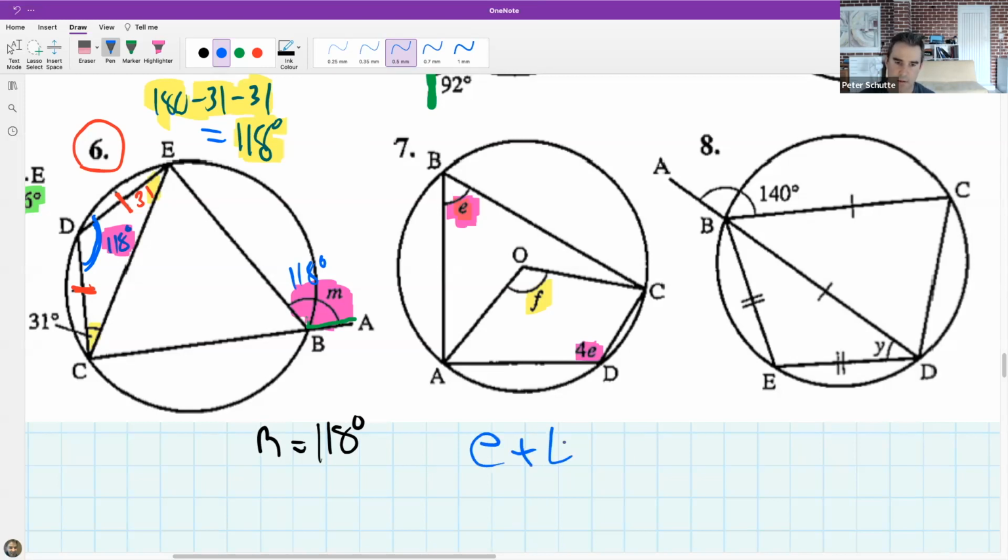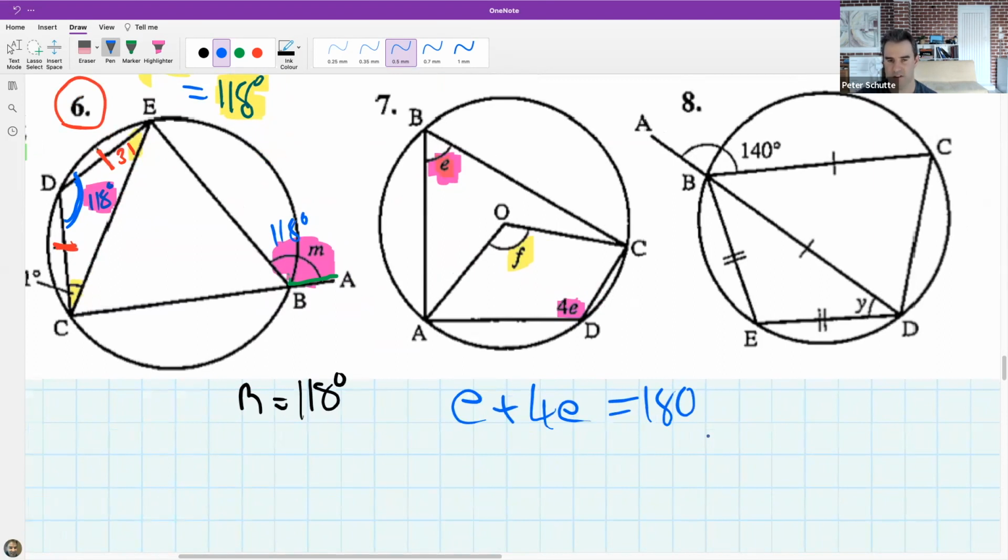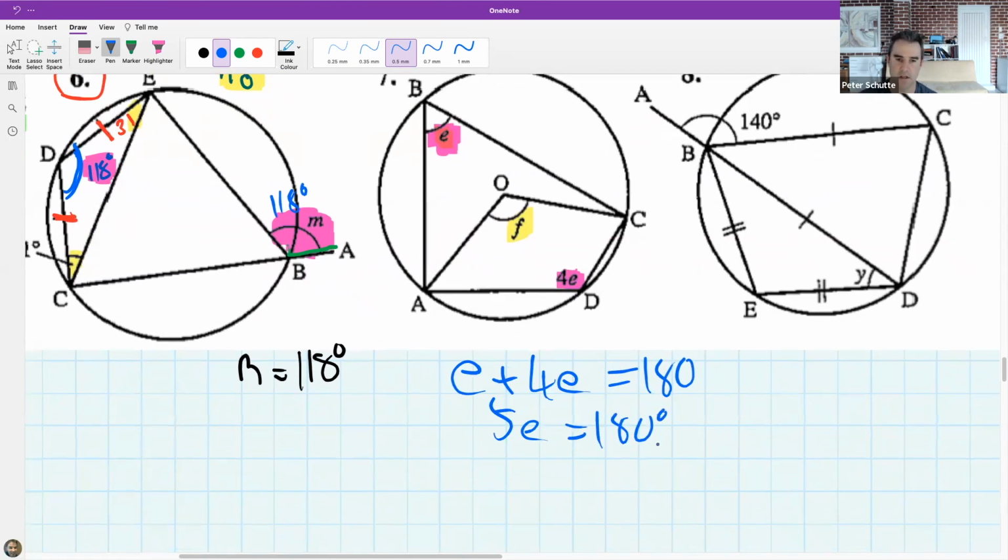I think E plus 4E must be equal to 180 because they're opposite angles in a cyclic quad, which we've discovered today always add up to 180. Now, what is 180 divided by 5 going to be equal to? It feels to me like it should be 36. So this is 36. And then this down here, we don't have to work it out, but it would be just 4 times 36, which would be 144.